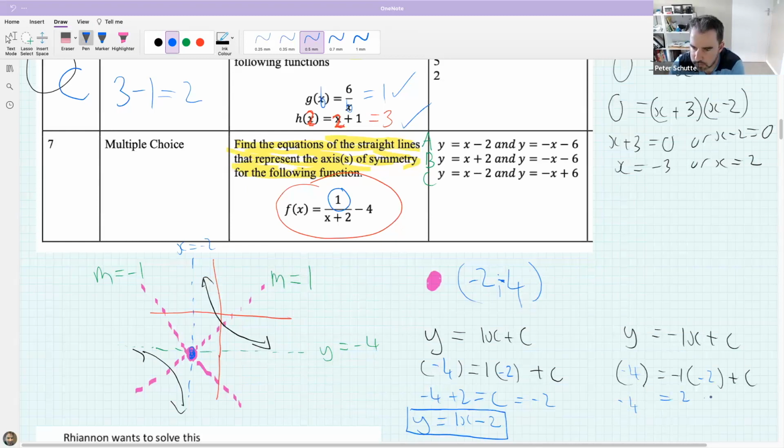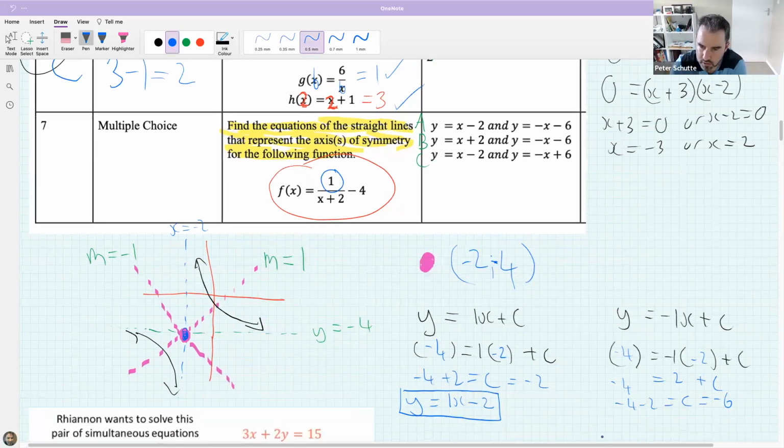That's +2 plus C. Yep. So we now have, the equation of this one is going to be y equals x minus 2. And the equation of this one is going to be y equals -x minus 6.